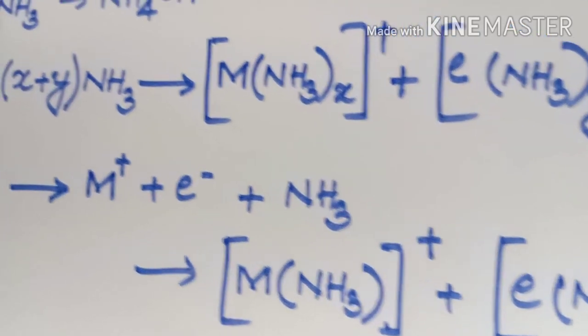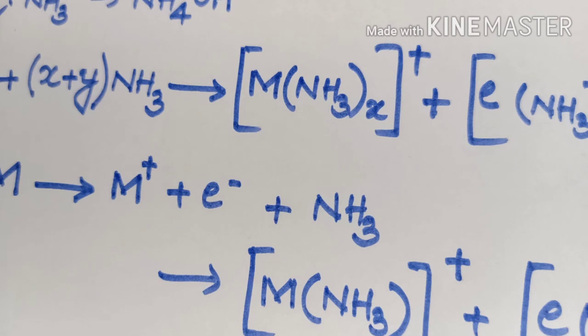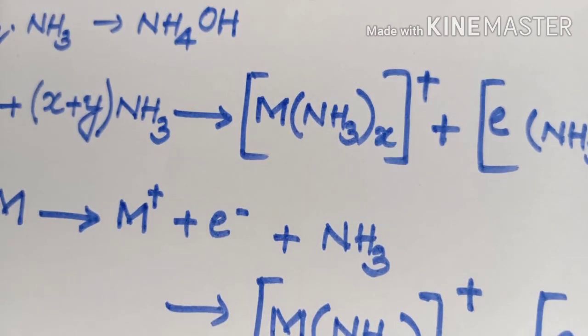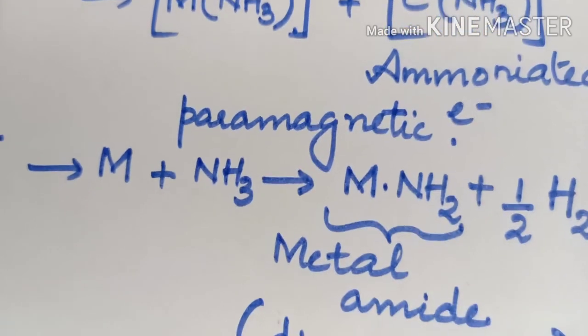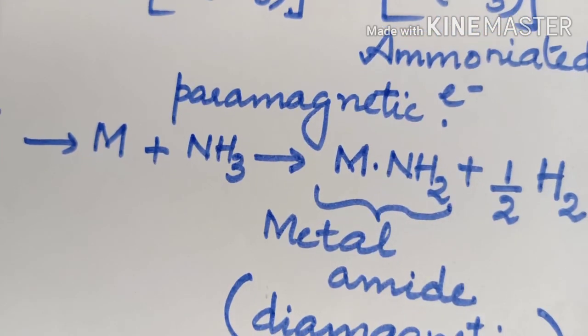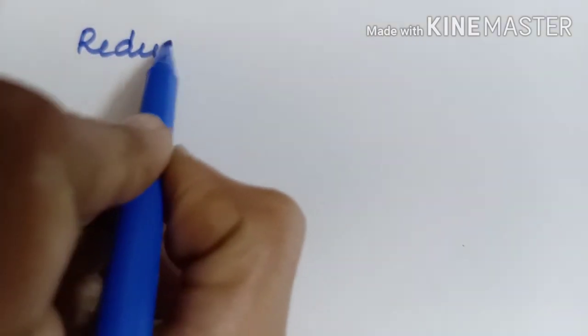That is the only difference there. Both alkali metals and alkaline earth metals dissolve in liquid ammonia, forming deep blue solutions, which on concentrating, we get a bronze colored solution due to the formation of metal amide liberating hydrogen.